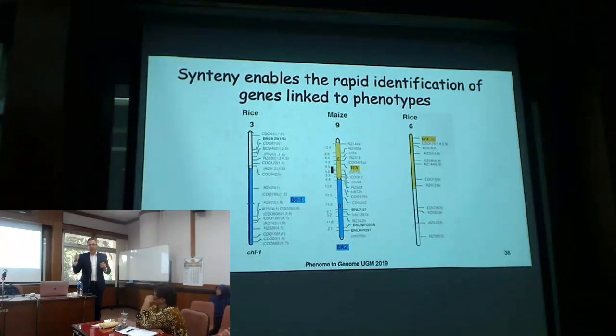And you can do it like this, but there is another way to do it, which is based on Google research, which is looking for text information. Because now we have so many publications and scientific articles that if you ask Google for starch content, rice, and gene, Google, most likely with the algorithms they have, will send you to that gene, just by looking at all the information that is on the web.